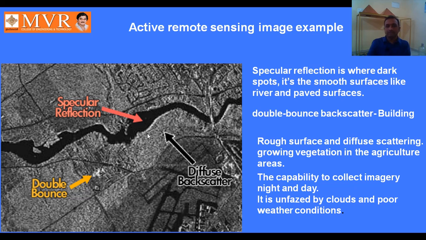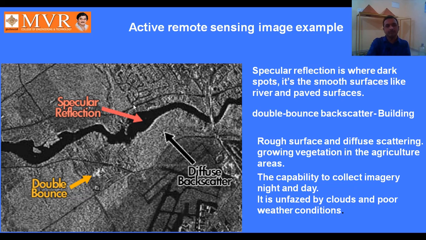Because in active remote sensing the satellite acts as a source, sends the pulses to the target, and the backscattered radiation is recorded. That's why between the target and sensor so many waves interfere with each other. That's why we get the constructive fringe and destructive fringe. Black and white pixels are formed. This is the black fringe, this is the white fringe.